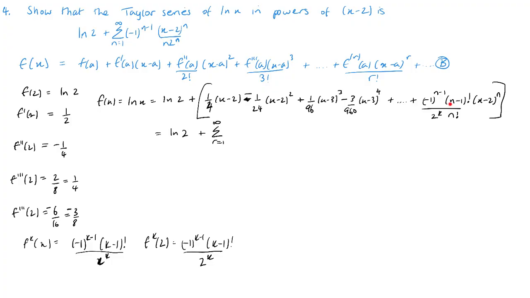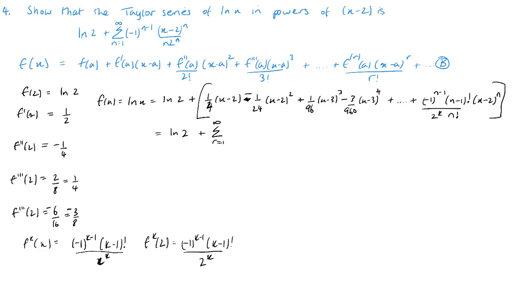And then I've got 0 factorial, which is just 1, and that's going to be x minus 2. So this is going to give me 1 over 2 (x minus 2), where I've got 1 over 4.